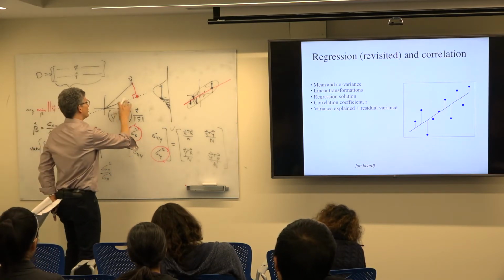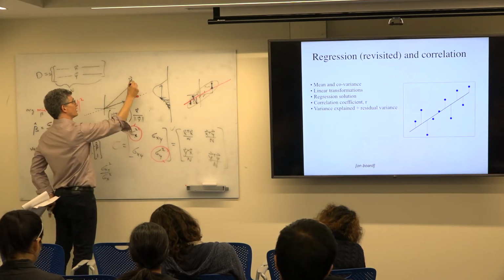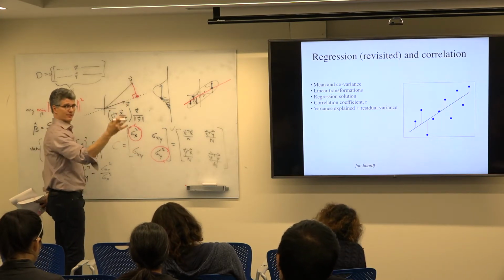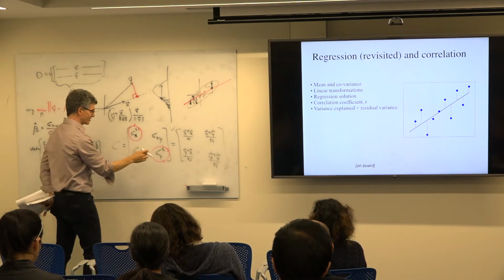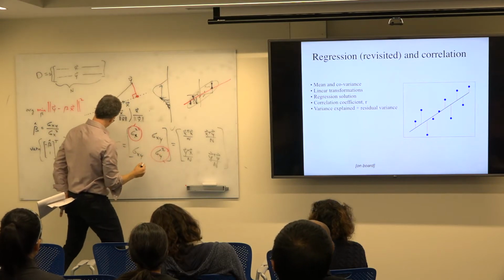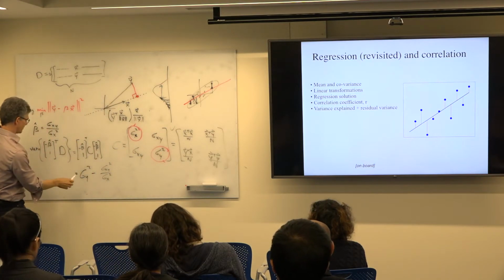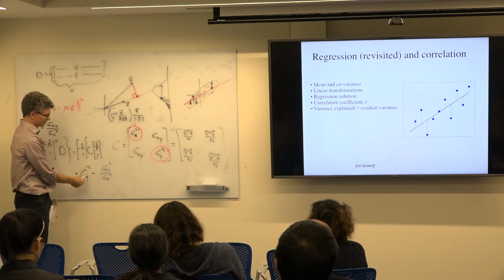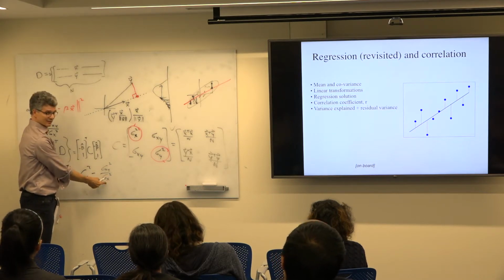And if I think then about the total length of y, what is the length of y? It's y transpose times y. That's sigma y squared, except for the divide by n. So this is the length of the y vector, effectively. What's this?